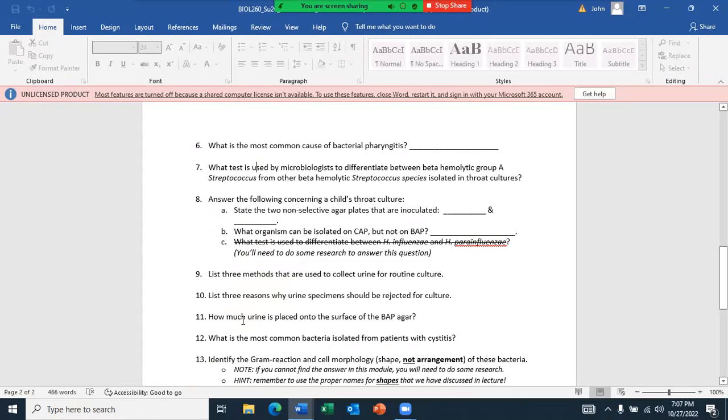How much urine is placed onto the surface of a blood agar plate? And what is the most common bacteria isolated from patients with cystitis, and that's a urinary tract infection.